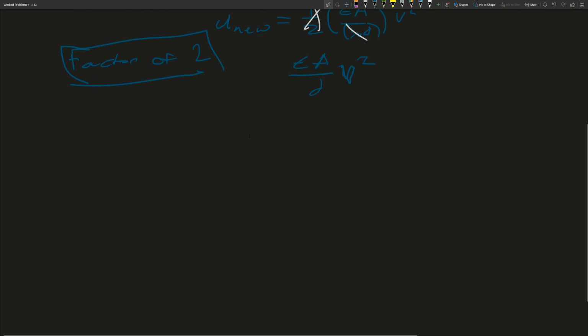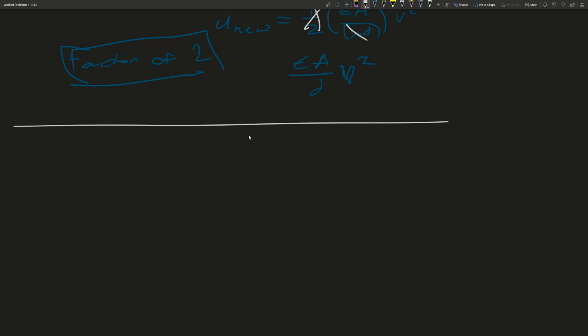To answer this, we want to go back to our Physics 1 concept of work and energy, where the work done on something is equal to the change in energy of the system, depending on whether it's the system doing work or the environment doing work on the system. That sign can be positive or negative, but in this case, it's simply U final minus U initial.